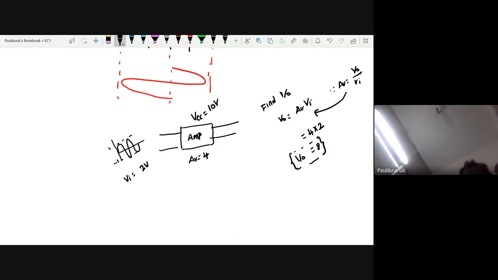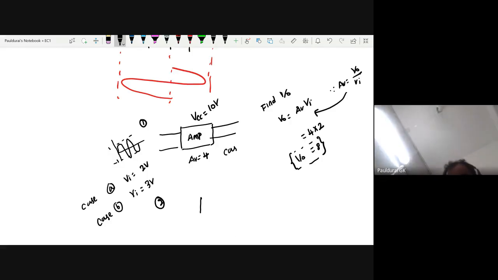Now take problem number 2. Take the same problem. This is case A. In case B, this time instead of 2 volt, I want to give 3 volt. Now what is the output voltage?